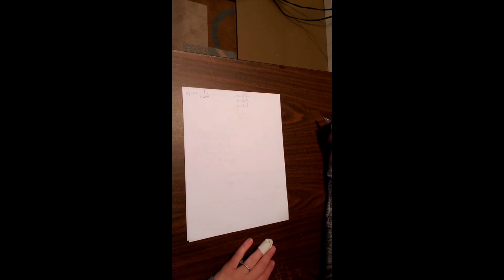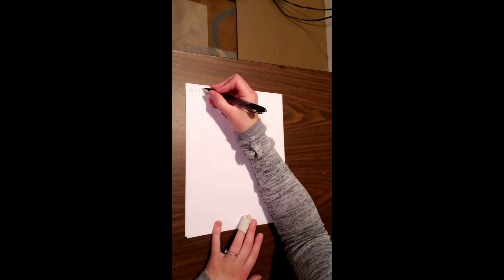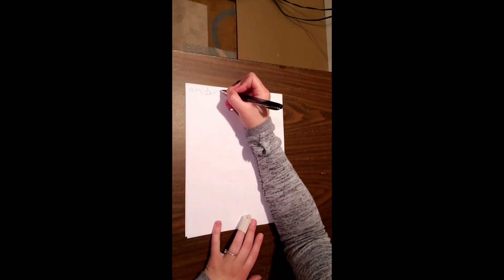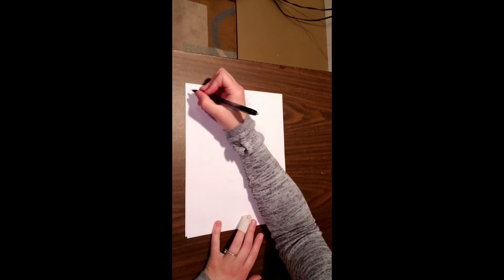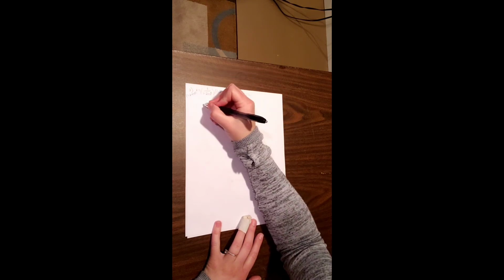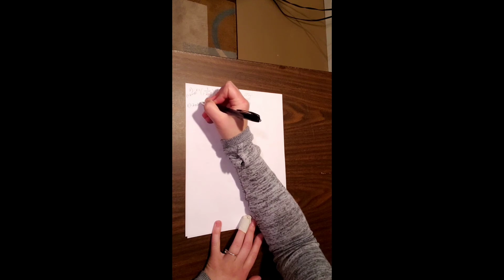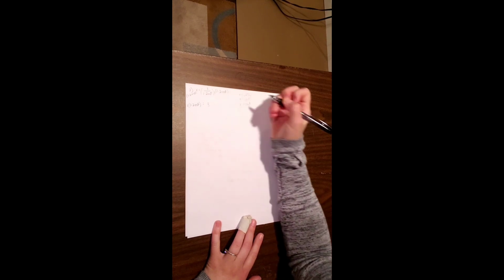Well, maybe I don't want it in the denominator. So what if I multiply both sides by the denominator? Then the denominator is no longer on the right-hand side. What I have is r times 1 minus 2 cosine theta equals 3.